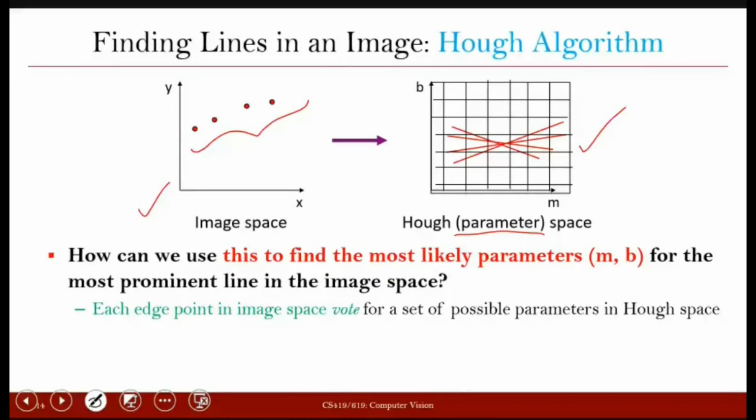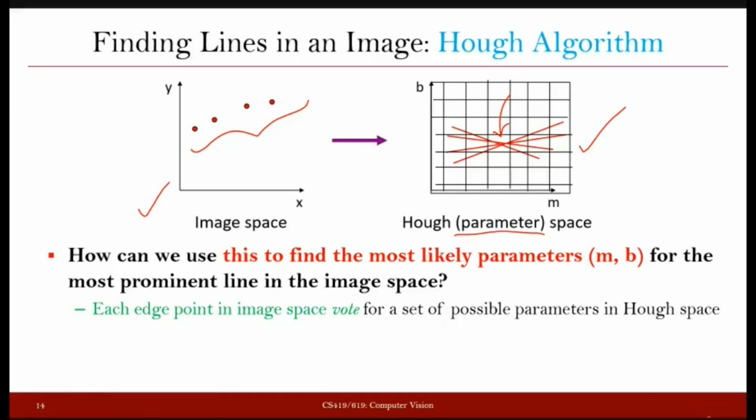Now, if we divide this whole space into a grid, we see that there are some points where all these lines are intersecting. That means if you consider this grid, this particular grid cell has multiple lines passing through it.